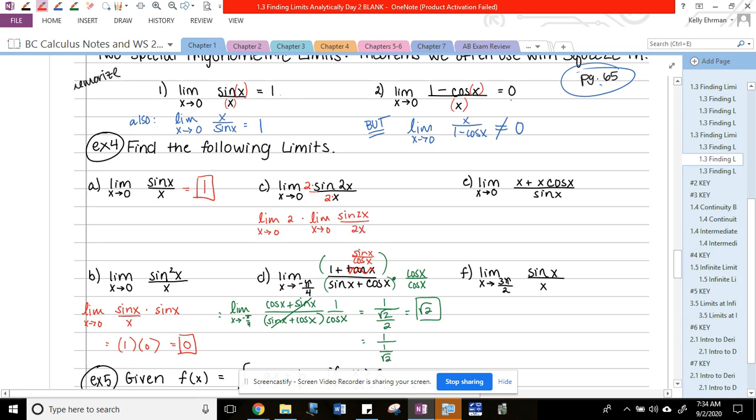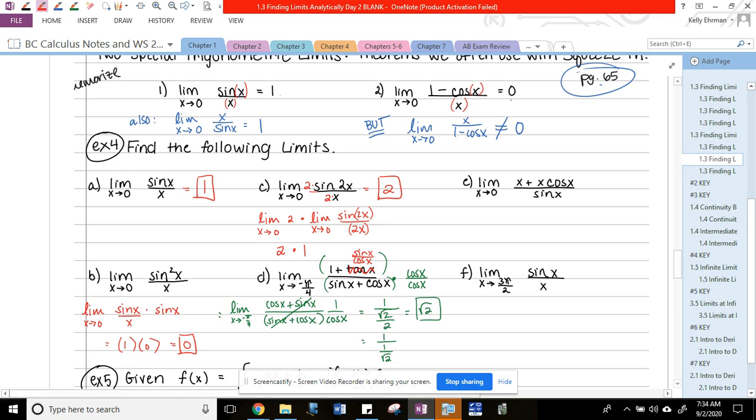So since these are being multiplied, I can multiply those two limits separately. The limit as x approaches anything of a constant is the constant. And now I have the limit as x approaches 0 of sine of something divided by that same thing. That's equal to 1. So again, this angle has to match the denominator. 2 times 1 is 2. So that's our final value.